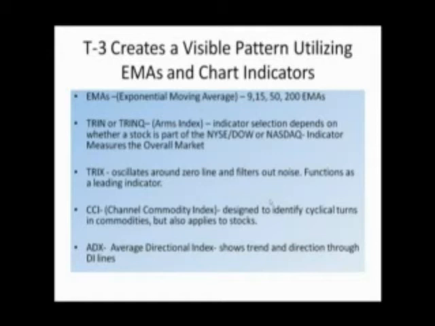And then the ADX, Average Directional Index, shows trend and the direction of the trend through the DI lines. We will cover each one of these briefly and add them to a chart so that you can see how they're used and how the information adds to the overall picture.